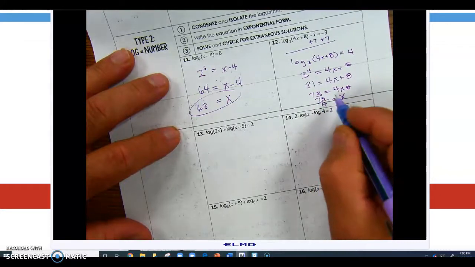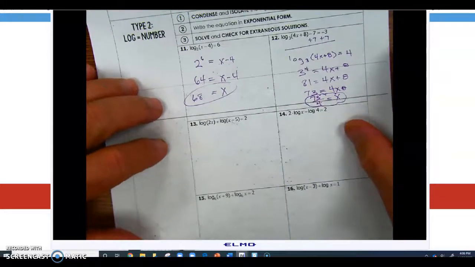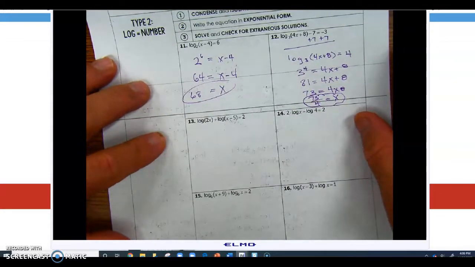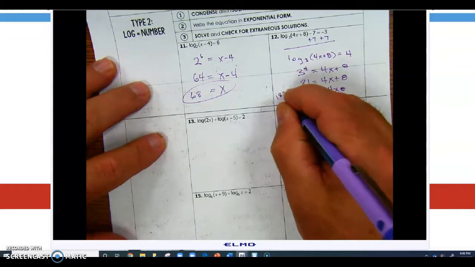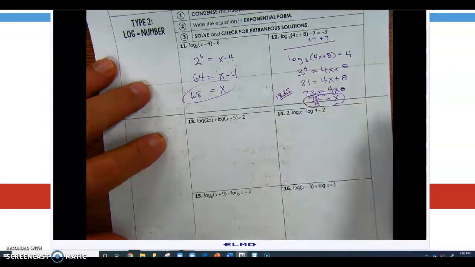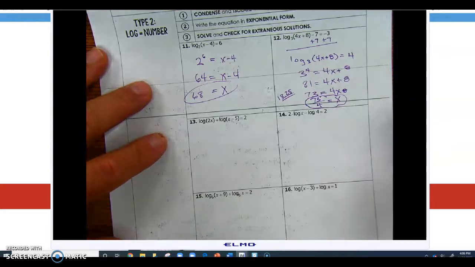That's some decimal. I could get it in decimal form, but I don't want to. 73 divided by 2 is, I don't know, 36.5. 36.5 divided by 2 is 18.25. So some of you may have gotten 18.25. Same thing, if I didn't make any mistakes there, which I don't think I did.